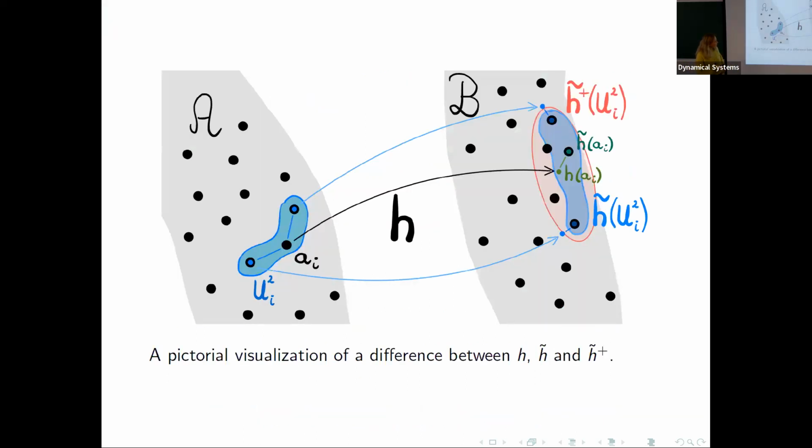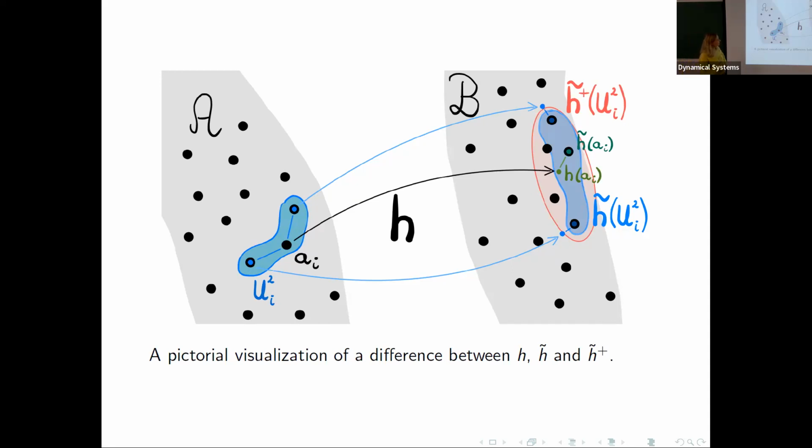Okay. But actually, sometimes this test may give you, let's say, false positive answers. I mean, it produces relatively small values for systems for which we know that they cannot be semi-conjugate. So instead, we wanted to consider a bit enlarged neighborhood here.